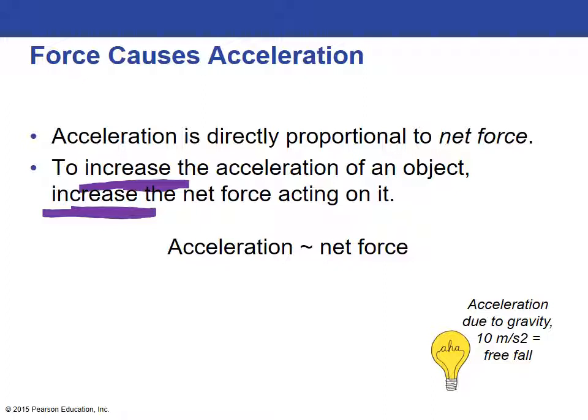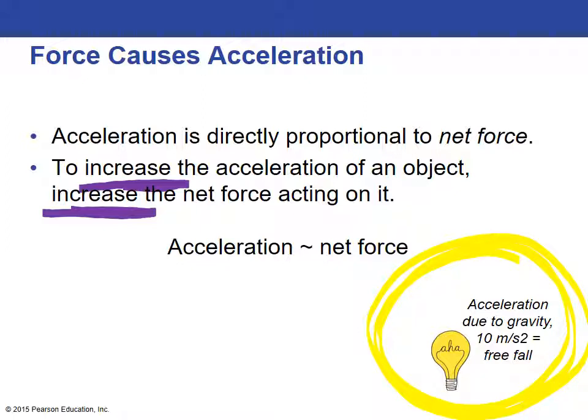Be careful here, because we worked hard in Chapter 3 with a special case of acceleration due to gravity. And we were supposed to remember that 10 meters per second squared. That is, though, in a unique situation that is describing only free fall.